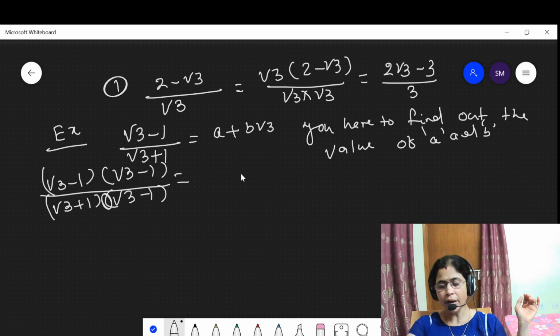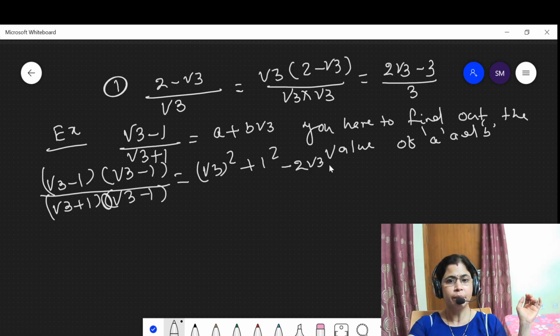As you know, a minus b whole square is a square plus b square minus 2ab, and the denominator is in the form a plus b into a minus b, which is a square minus b square.